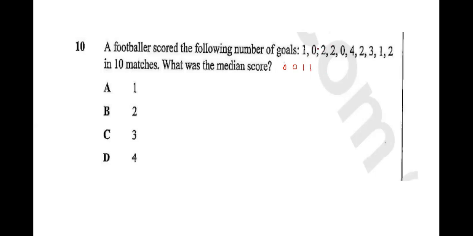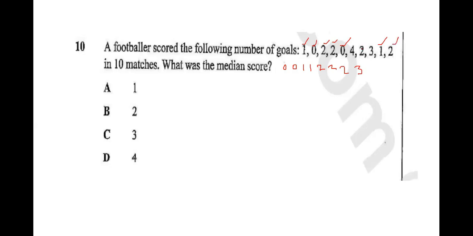So you have this 0, 1, 1, then you have this 2, this 2. So you organize them according to the way they are increasing. This 2, and that 2 there. Then from there we have this 3 here. So we have marked this 0, we have marked this 0, then we have put that 1, and that 1, then this 2, and that 2.